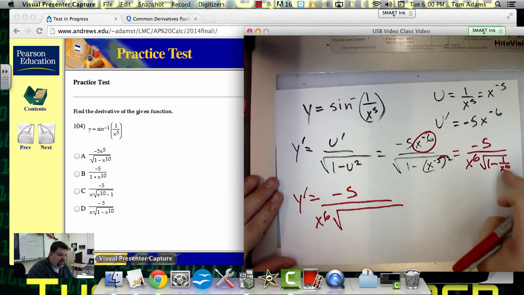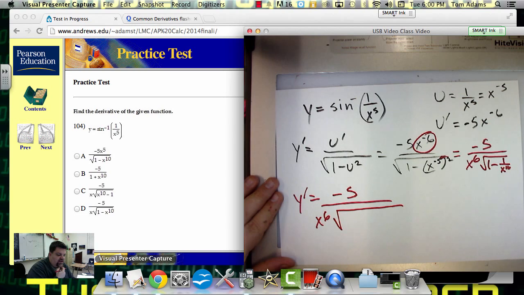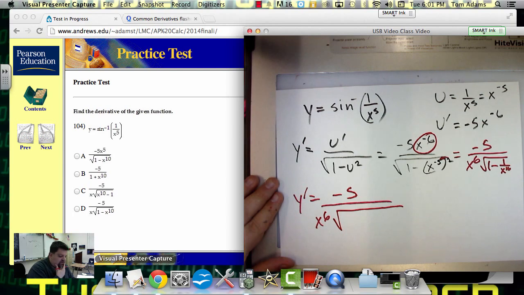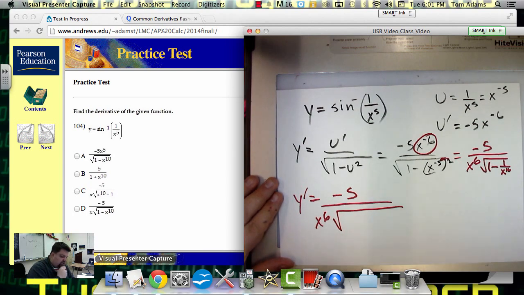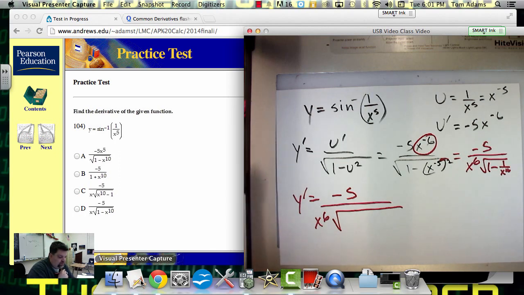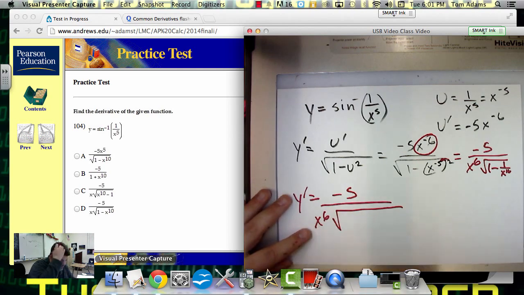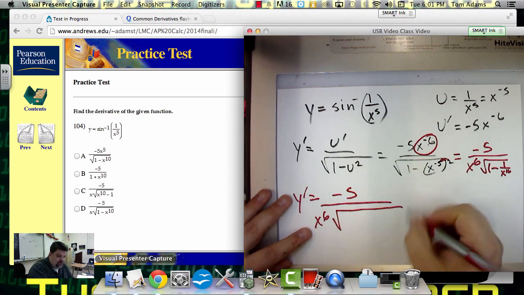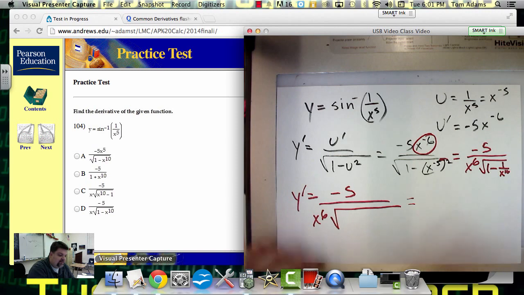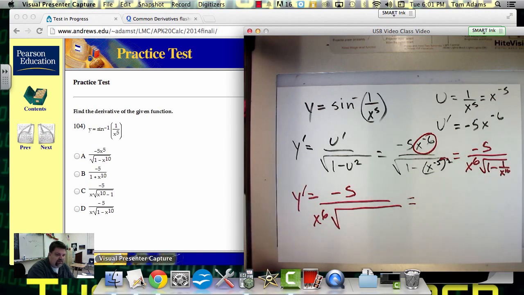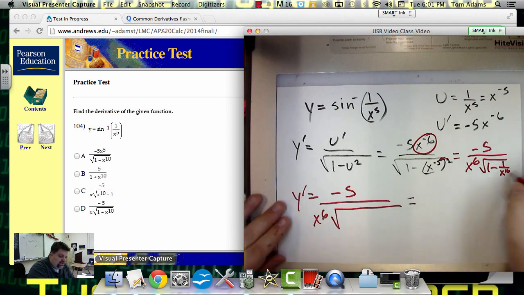I don't like the x raised to a negative power. So what I could do is push something into that, because I've got 6 x's on the outside, I could push some of those in. And if I push some of those in, that may change this whole scenario inside here. Well, what would I do? What can I factor out of here?